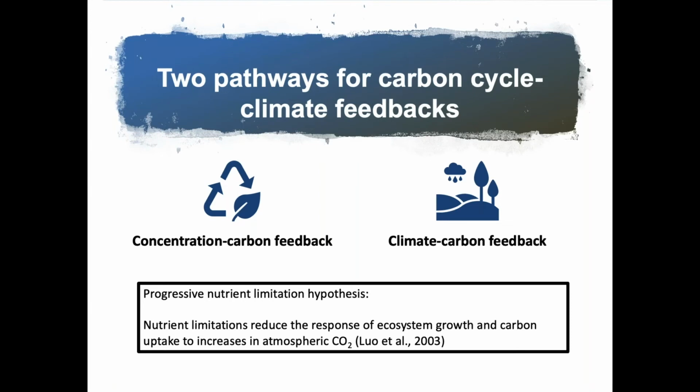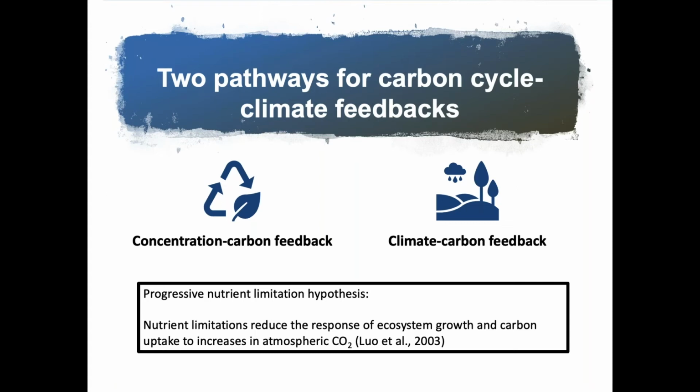And the progressive nutrient limitation hypothesis says that as you increase CO2, and so CO2 availability becomes less limiting, or other limits due to temperature or precipitation may be alleviated, then limitations from other nutrients like nitrogen and phosphorus become more limiting and reduce the response of ecosystems to increases in CO2.